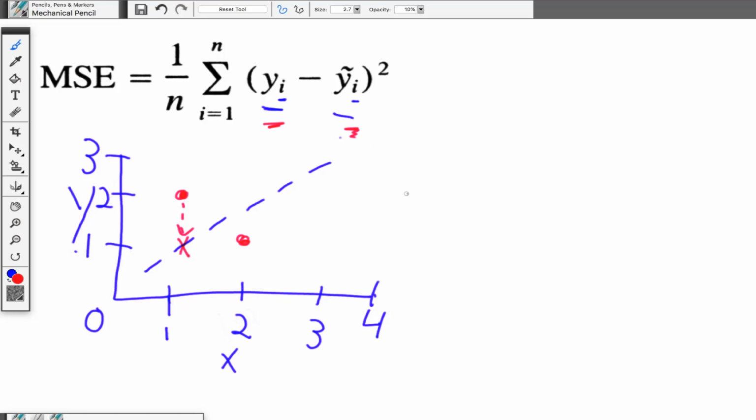And when we subtract the real value, the observed value, from the predicted value, we get a distance score, basically, where if it predicted it exactly, if this point was actually on the line like we were hoping it would be, what would this subtraction come out to? It would be 1 minus 1, which equals 0.